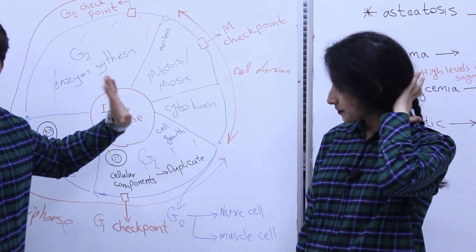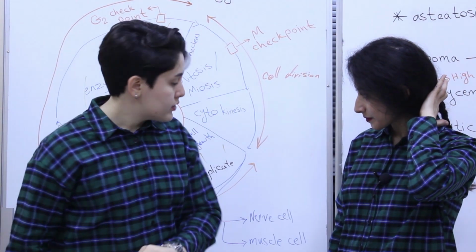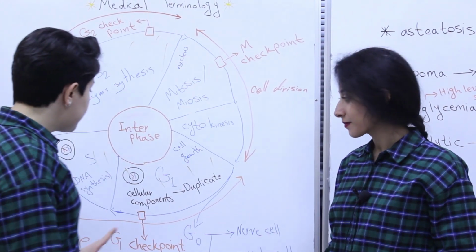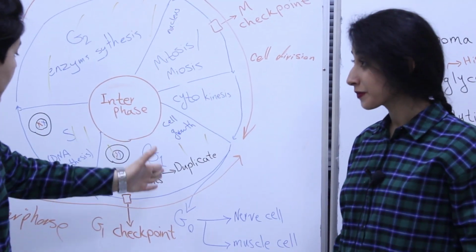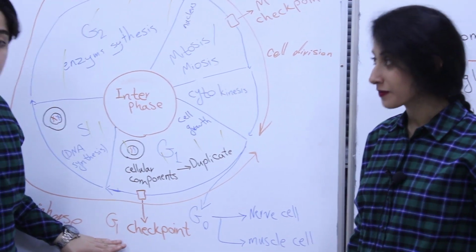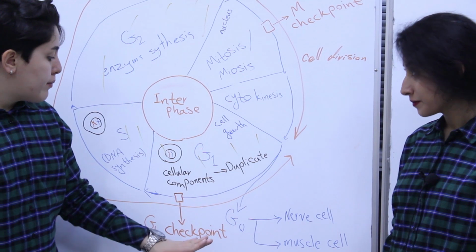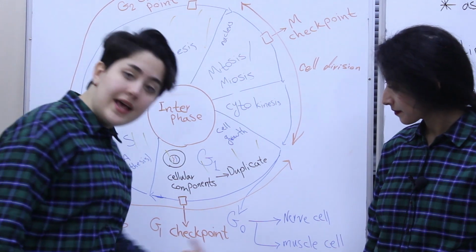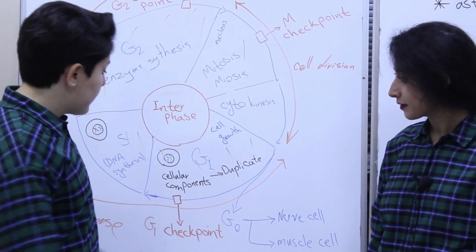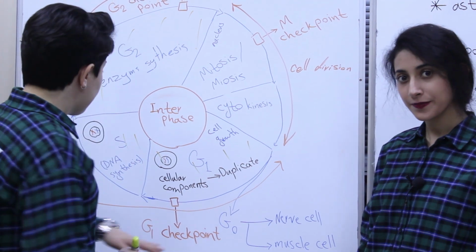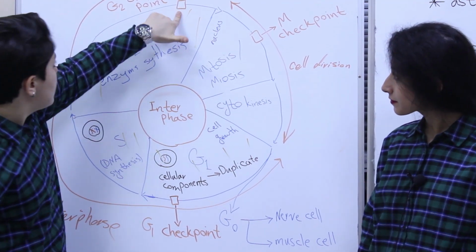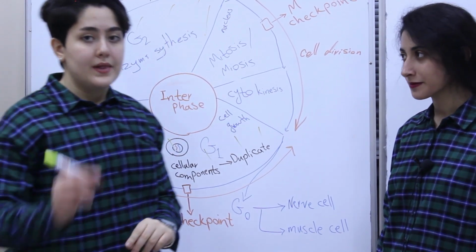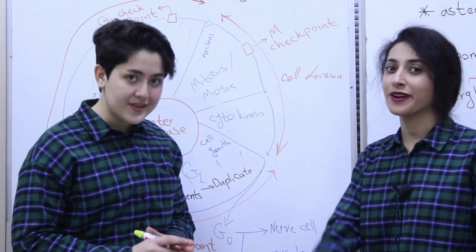But I also want to mention another important thing: we have some cell cycle checkpoints. The first one is at the end of gap 1, the G1 checkpoint, which is checking proteins and the cell size before entering the S phase. Then we have another major checkpoint, which controls the DNA replication before starting the division.